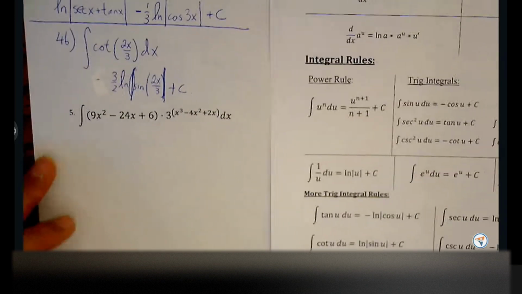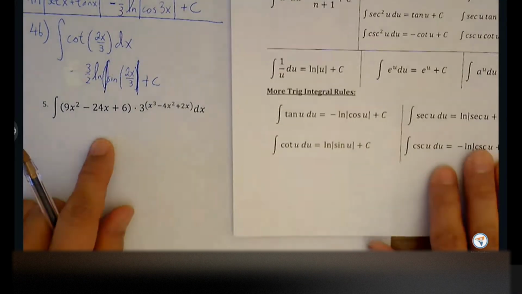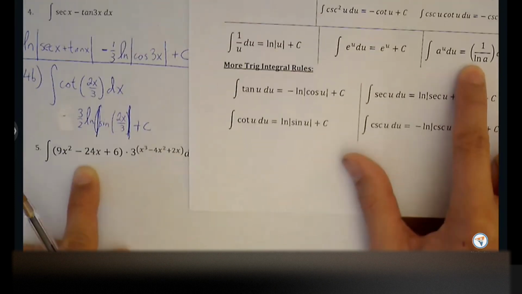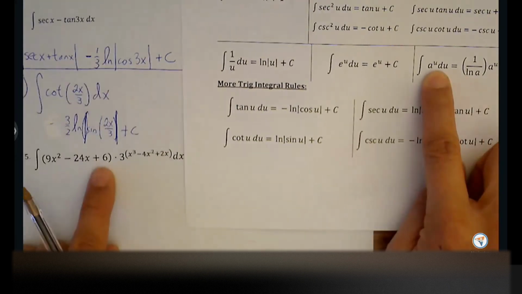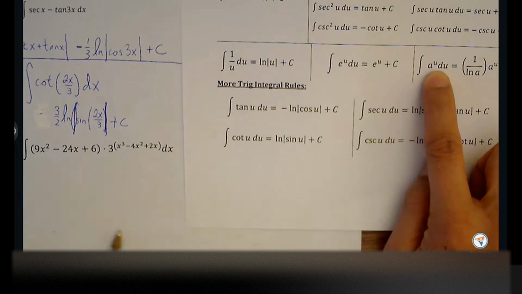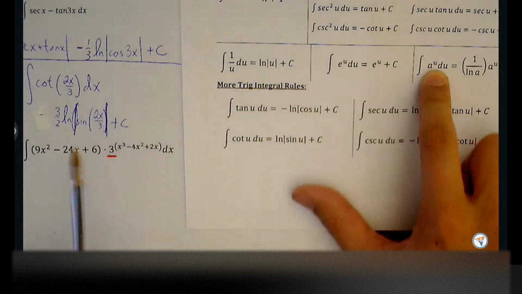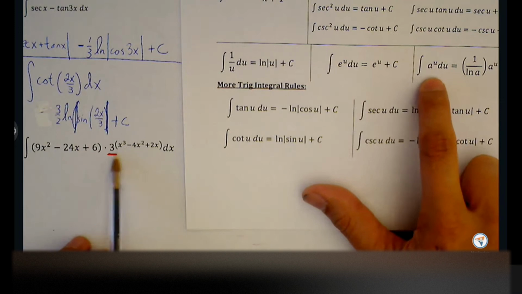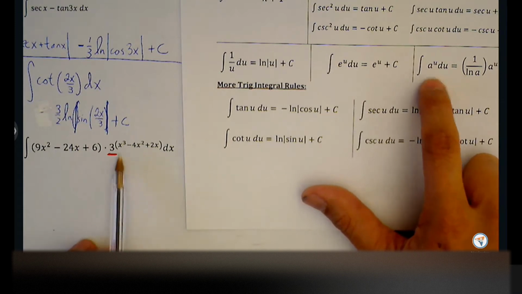Okay, number 5. This looks messy, but do you see how this matches with this rule here? The idea is that we can see that this is the a value. This is an exponential function. This is 3 raised to the exponent. So if we can see that connection, then we can work towards that rule.